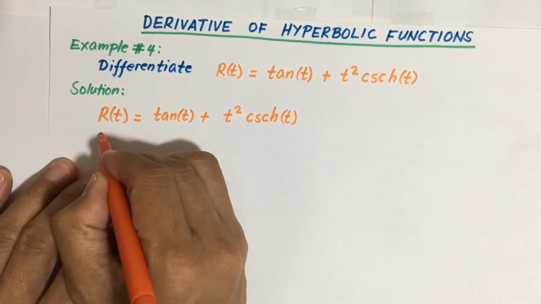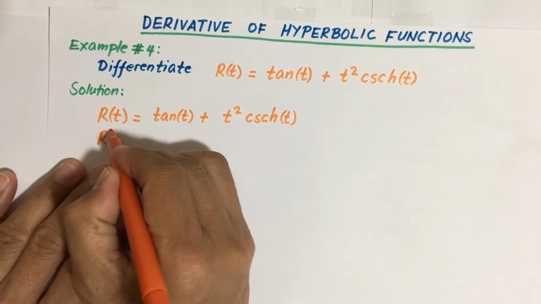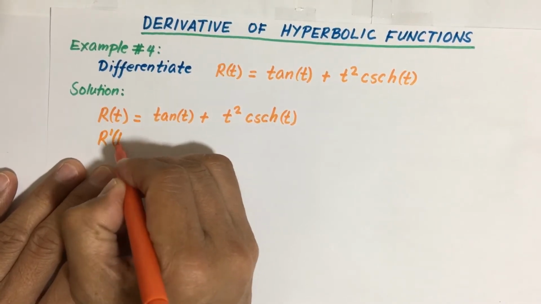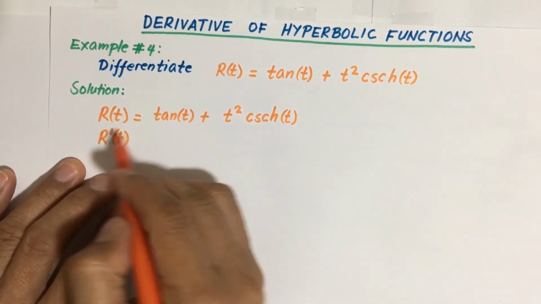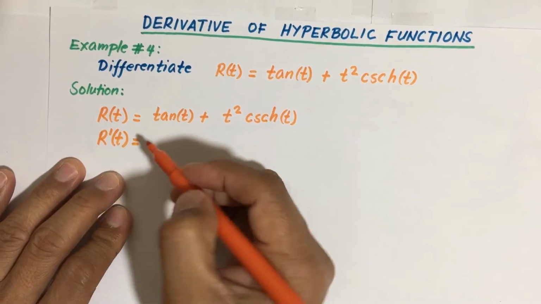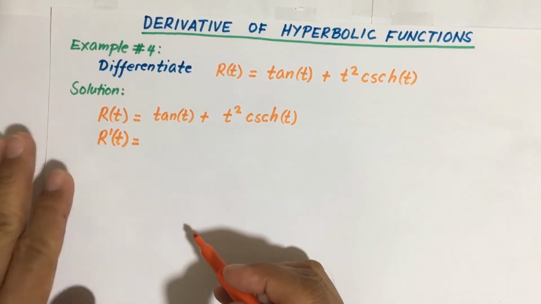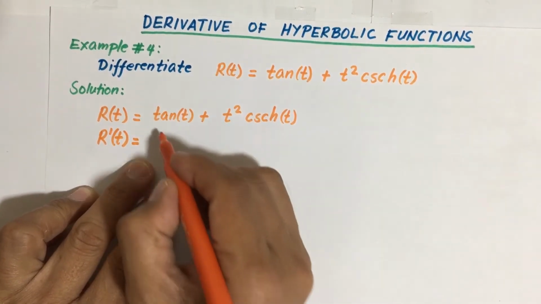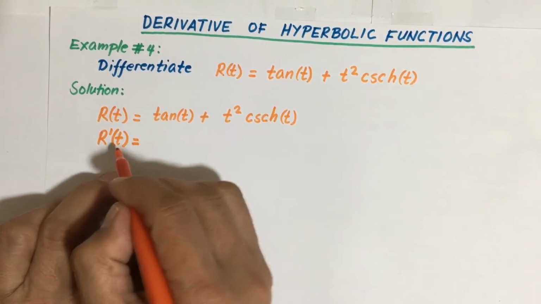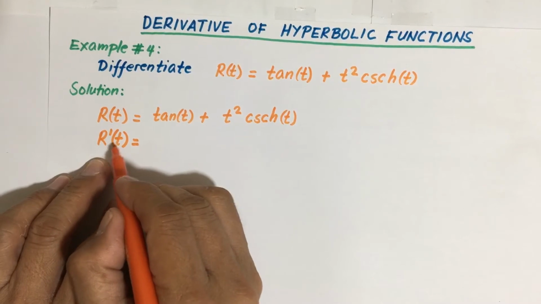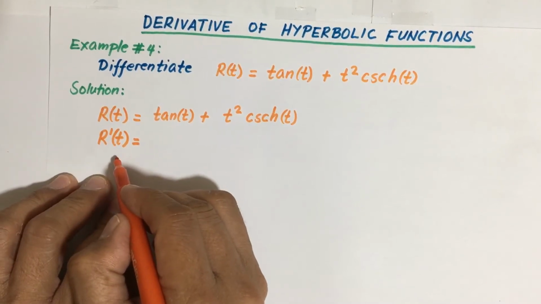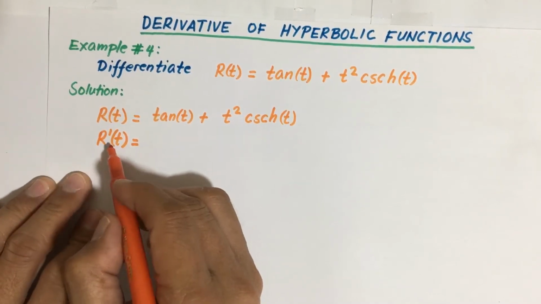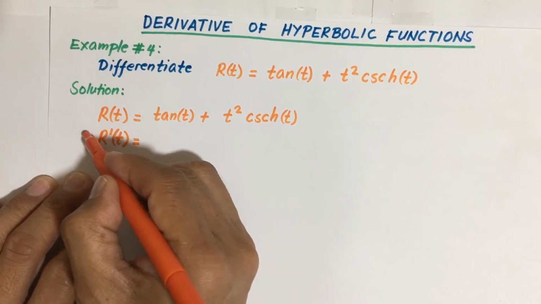Okay, so differentiating, we have r prime of t. The prime here indicates the first derivative, meaning we are now doing the differentiation, taking the derivative of r with respect to t. So this is equivalent to this part here, class.